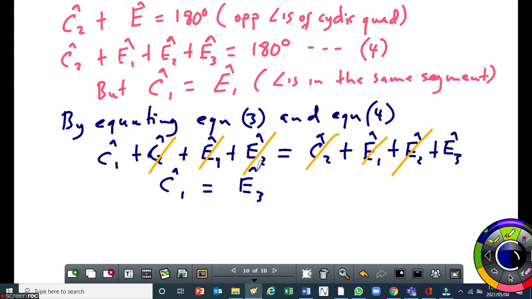But we wrote here C1 is equal to E1. Therefore, where there is C1, I can replace that by E1. So E1 equal to E3. Okay. What's the value?